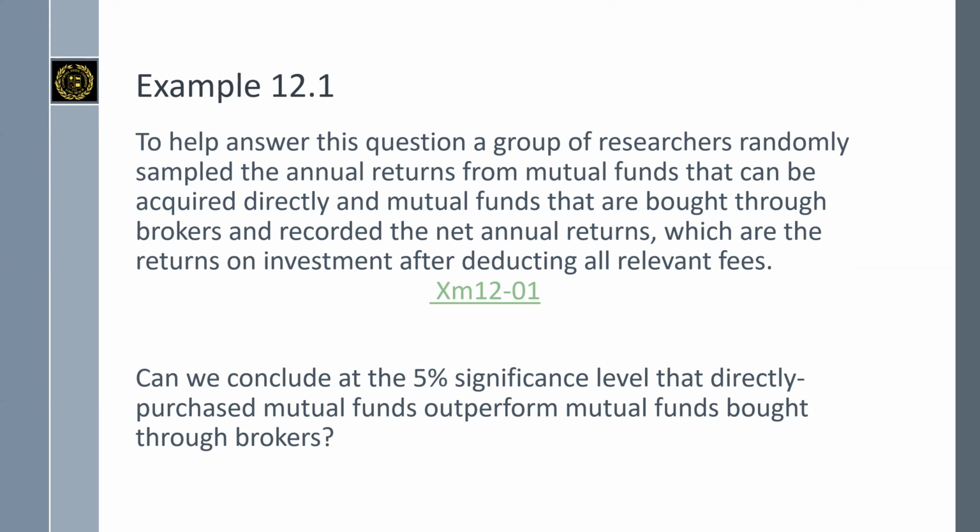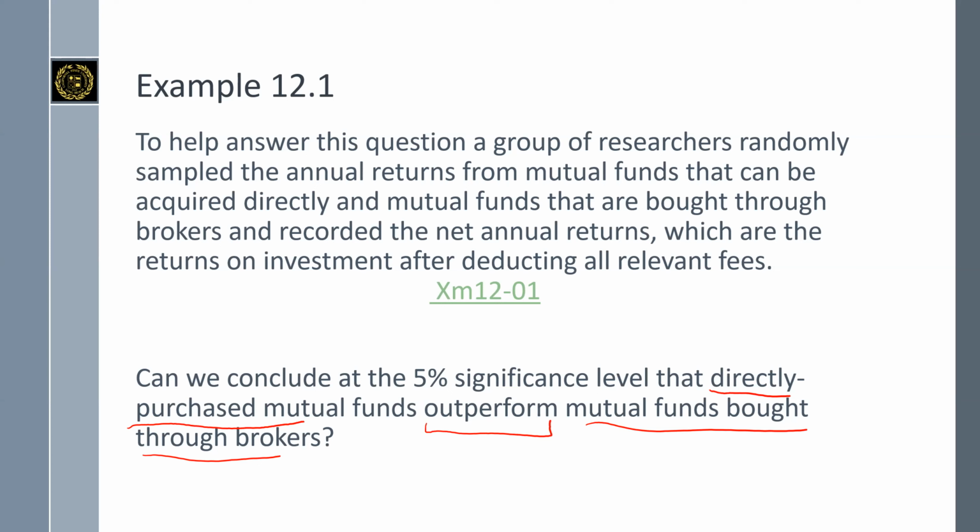We want to see if group one, which is directly purchased mutual funds, the reason why this is group one is because they are named first or they're listed first, if they outperform mutual funds bought through brokers. So essentially, we're trying to compare the difference between two groups.